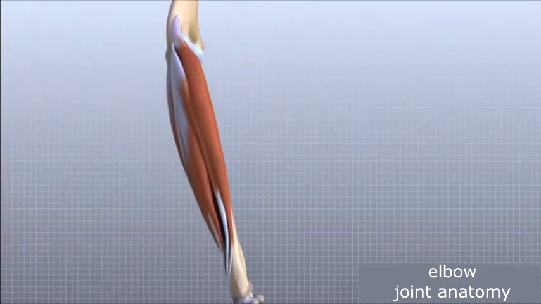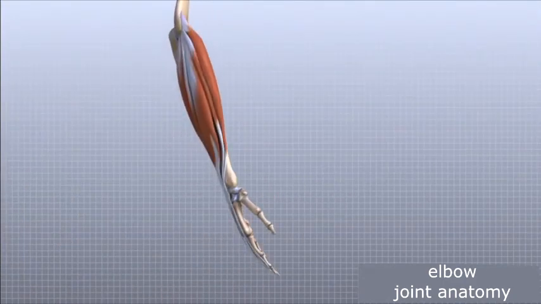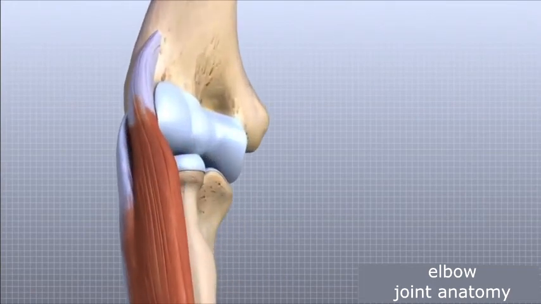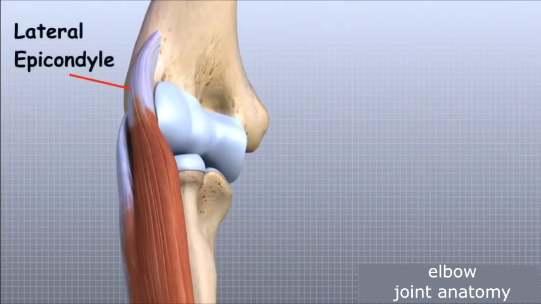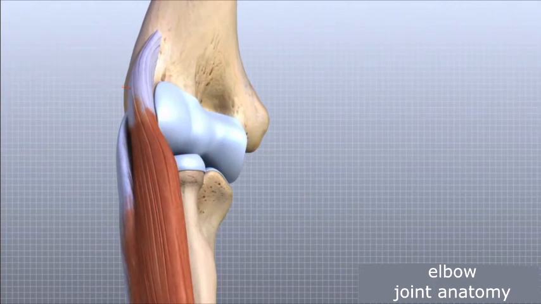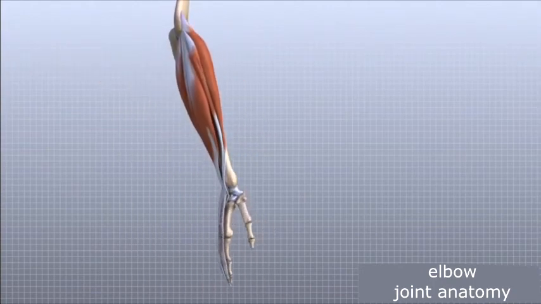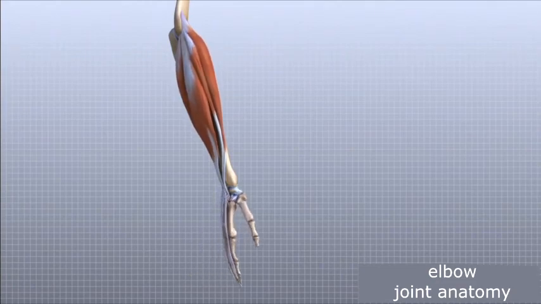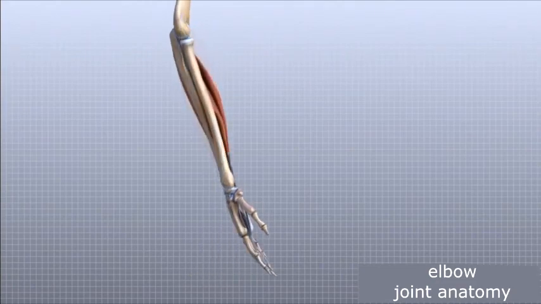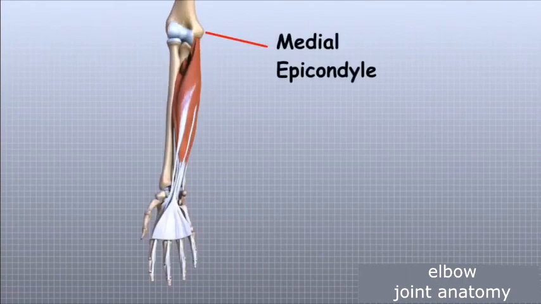Muscles of the forearm cross the elbow and attach to the humerus. The lateral bump at the elbow is called the lateral epicondyle. The muscles of the forearm which straighten the wrist and the fingers start at this point. Another bump on the medial side of the elbow is called the medial epicondyle.